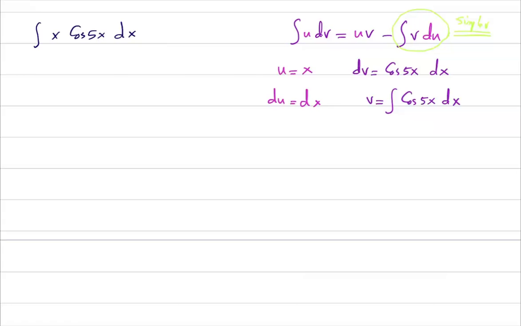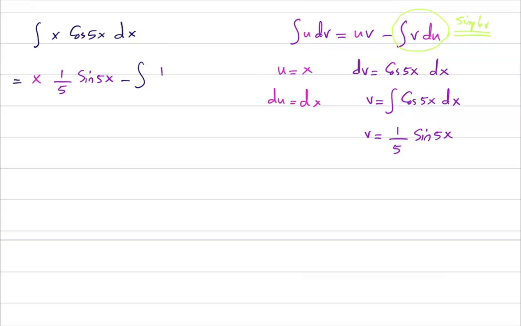By using u substitution, v is equal to 1/5 sine of 5x. Perfect. So our integral becomes uv, which is x times 1/5 sine of 5x minus the integral of v du.